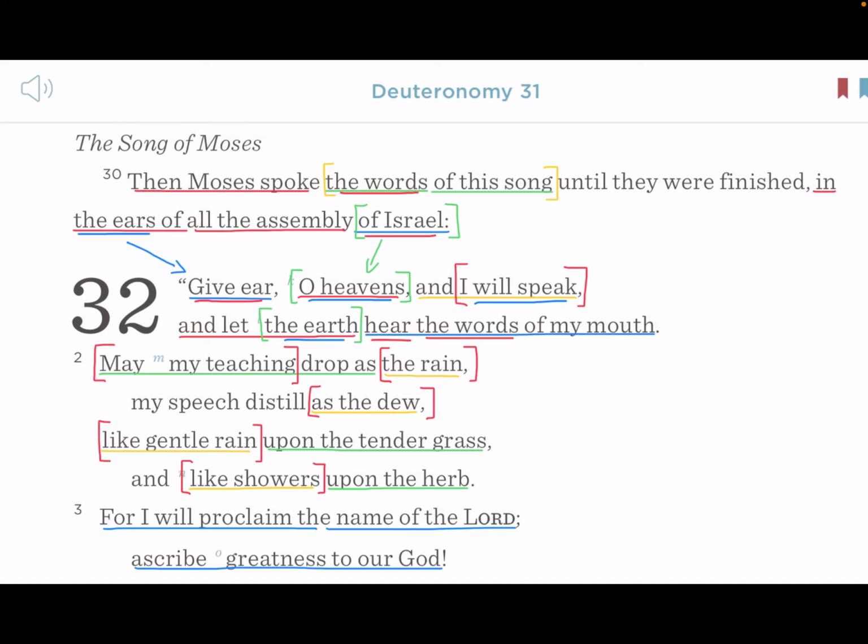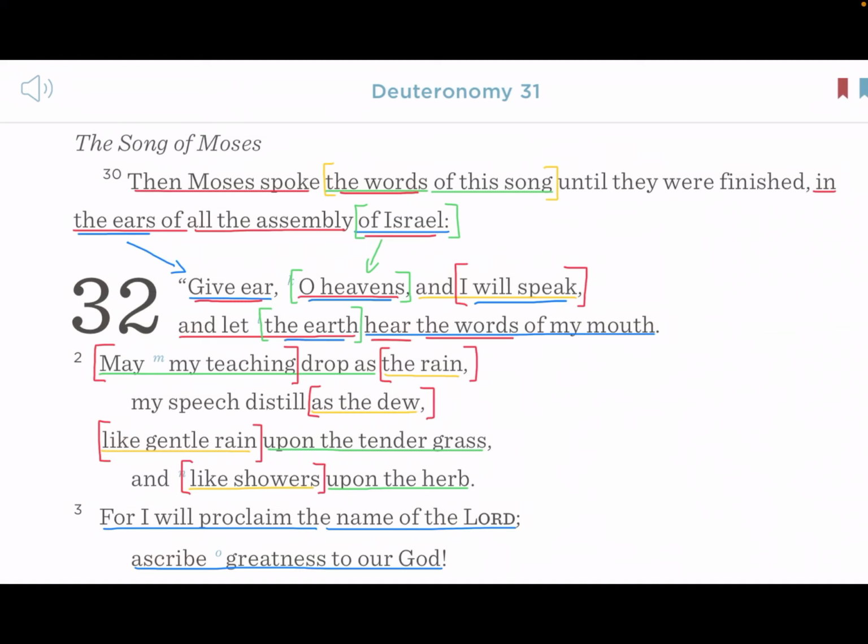So God told Moses to write down the words of a song to teach the Israelites so that it could be in their mouths and a witness against them for all time, saying, "Don't do these things, or this shall come upon you." So Deuteronomy 31 records this, starting in verse 30 and then transitioning into Deuteronomy 32.